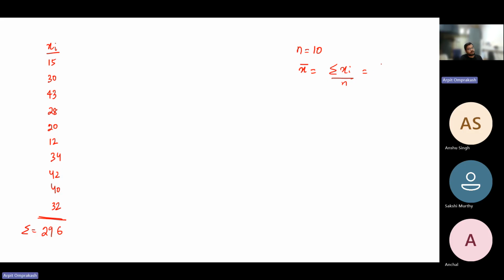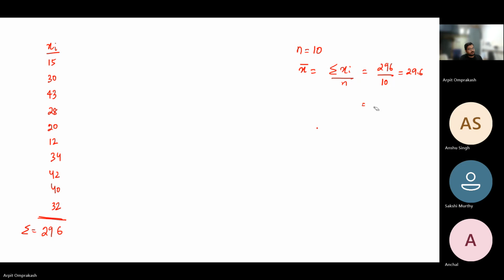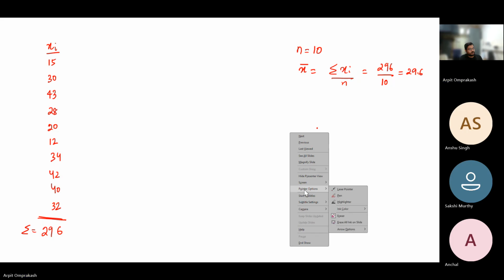So the sum here is 296, and n is the number of observations, which is 10. So our x bar, or mean, turns out to be 29.6. Right.